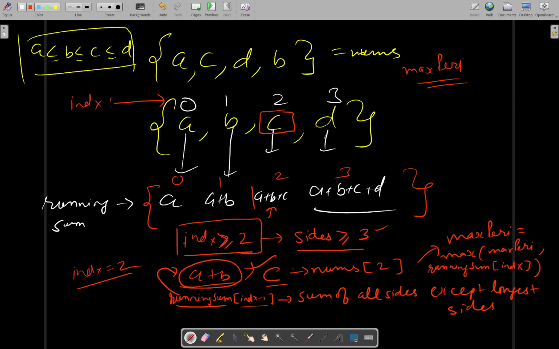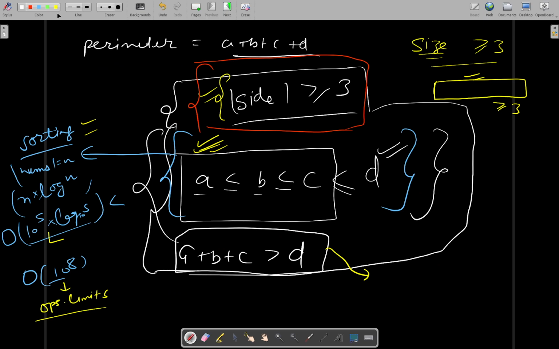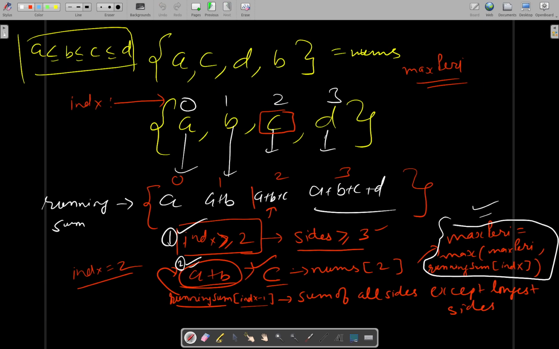So you will just keep updating your max perimeter value when these conditions are satisfied. What are those conditions? This is one, and this is the second condition. If these two conditions are taken care of, then we can update the max perimeter value, since the condition that all of them should be in sorted order is already satisfied by the sorting itself.